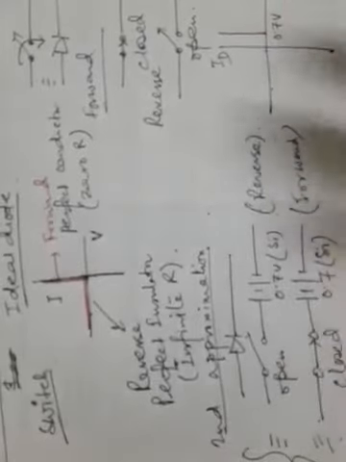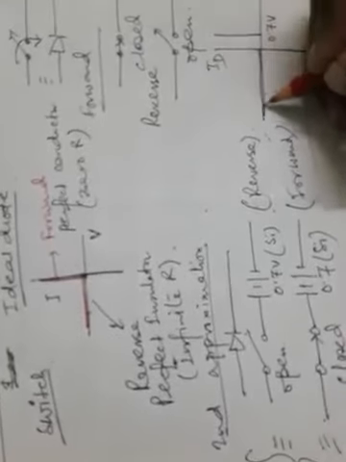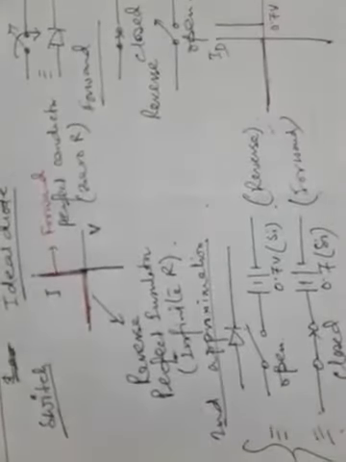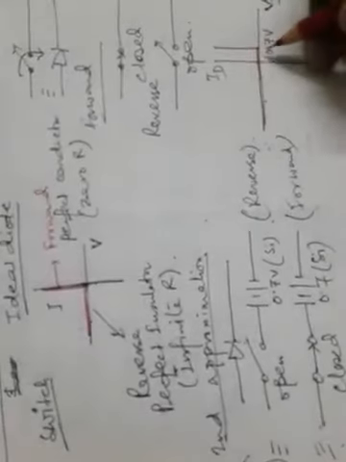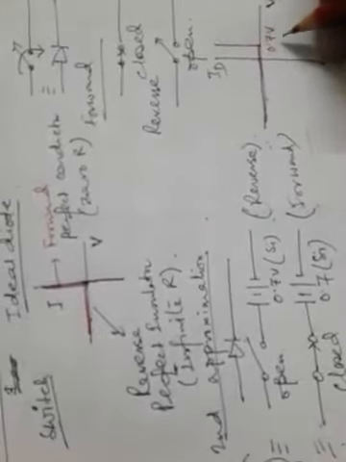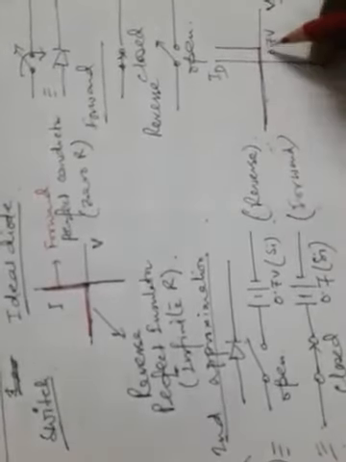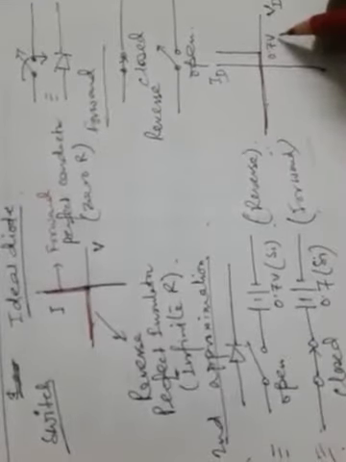Hence ideally the current should be zero. In spite of this area having zero current, this much area will also be included, because the diode is still not getting the cut-in voltage, and the applied voltage is below 0.7 volt.